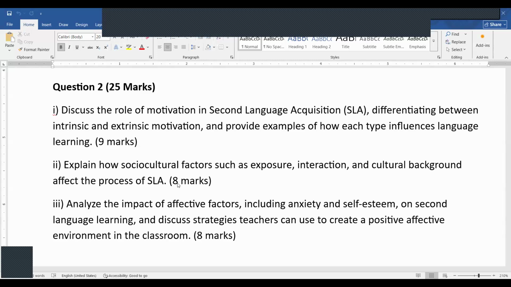So these things are included in intrinsic motivation. The desire, willingness, yes, we can start with desire and willingness, just like that.